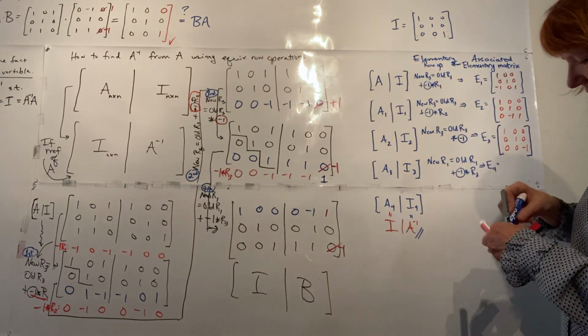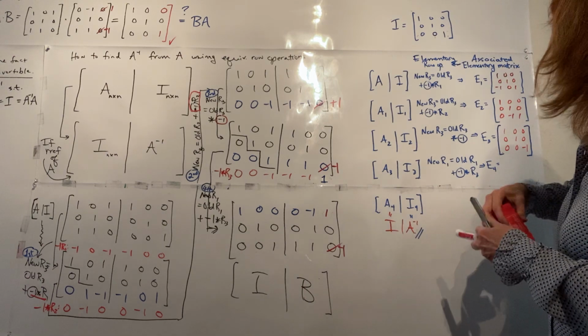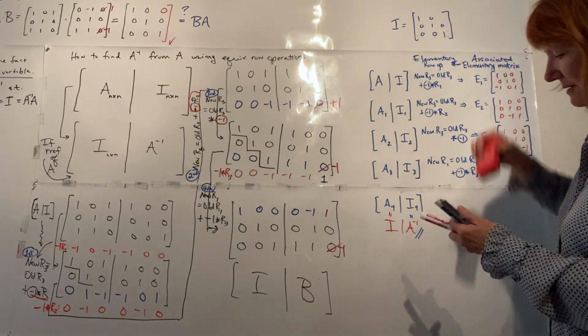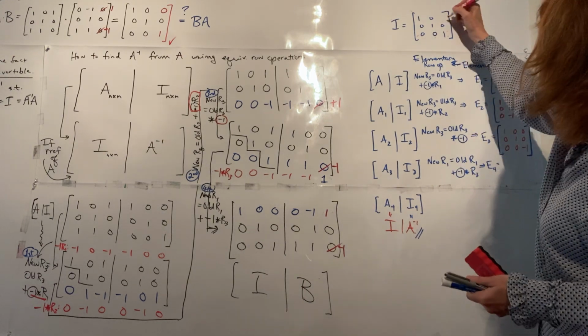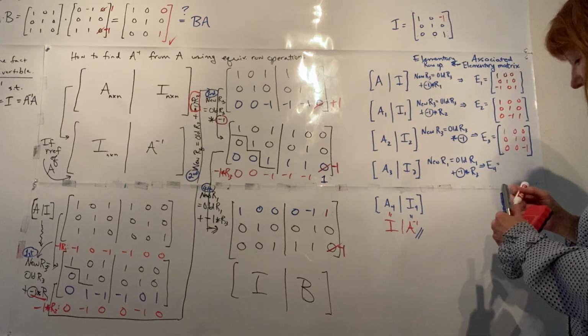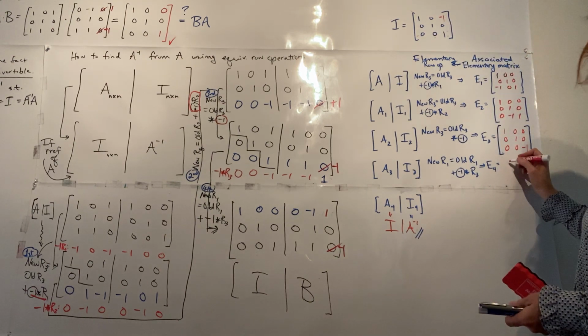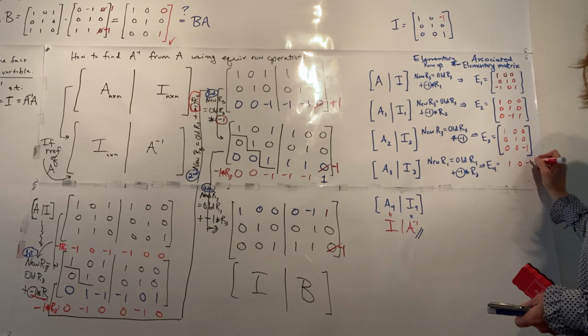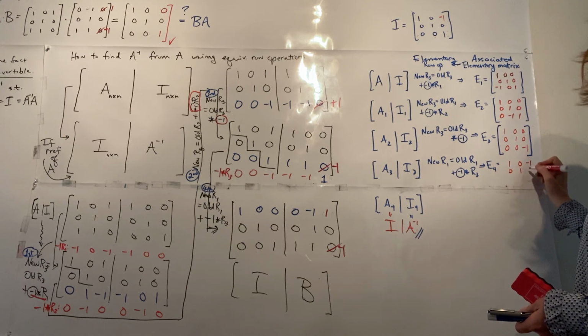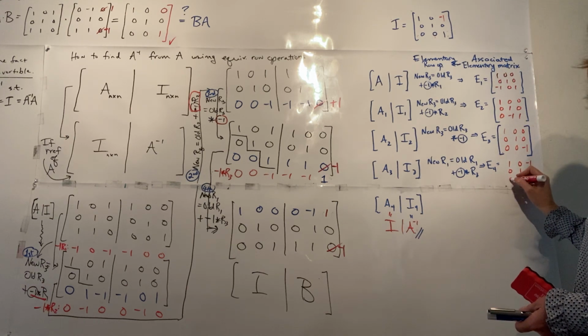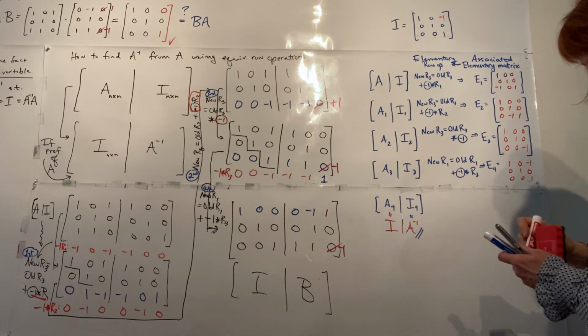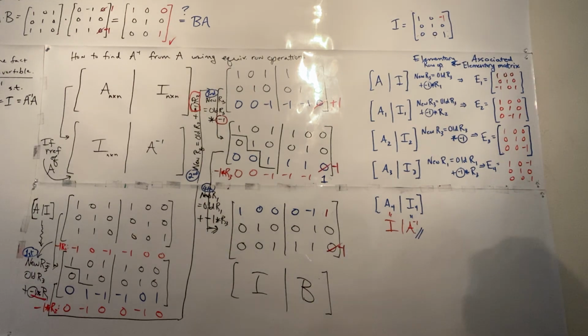Well, that's going to put negative 1 right up there. So E4 looks like 1, 0, minus 1, 0, 1, 0, 0, 0, 1. Okay.